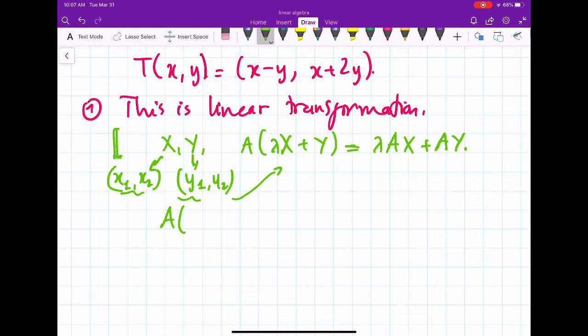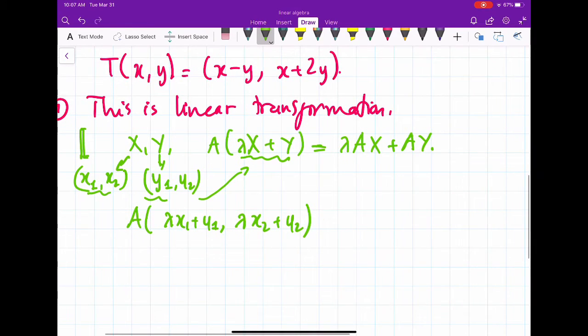I have T(lambda (x1, x2) plus (y1, y2)), which is T of (lambda x1 plus y1, lambda x2 plus y2), because I just add the two vectors in here.